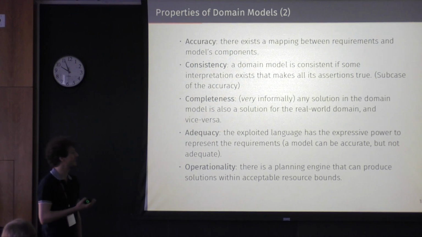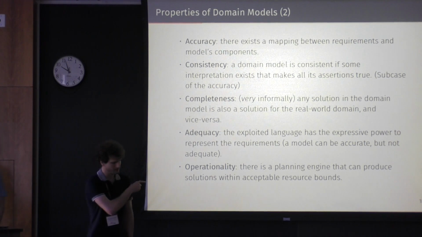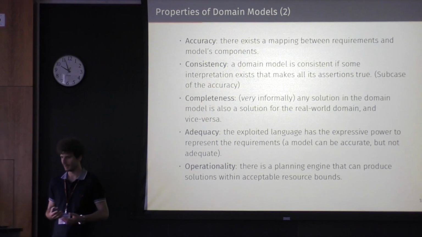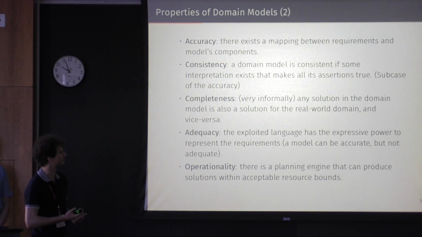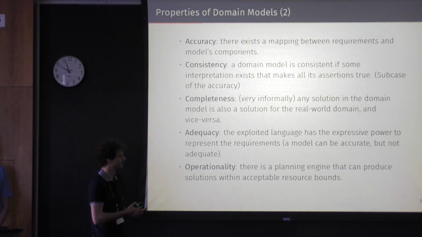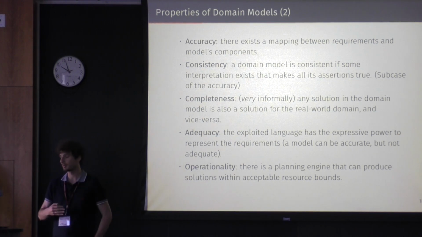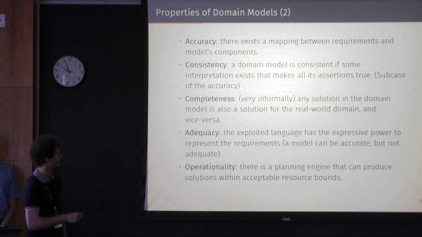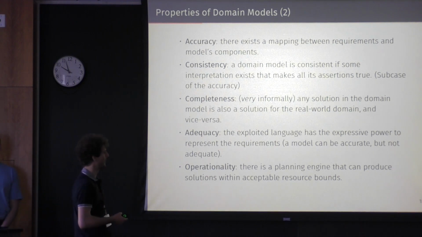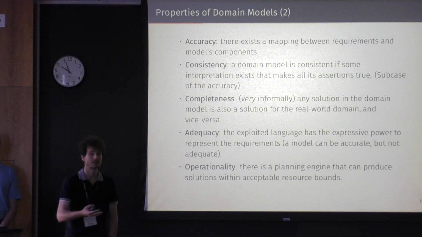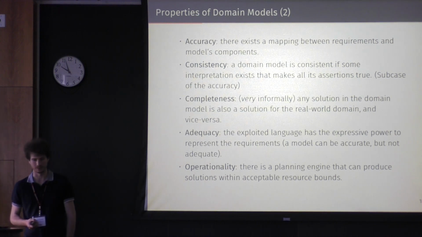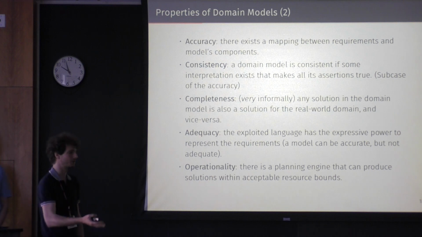For this reason, one important bit, which is basically the motivation why knowledge engineering needs also to consider existing planners, is the fact that you need to find a planning engine that can produce a solution within acceptable resource bounds, especially if you're dealing with some application of planning in which your customer, or the company for which you are developing a system, wants to see some results.